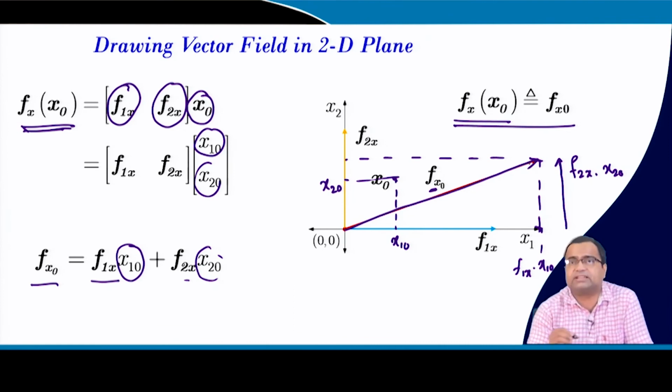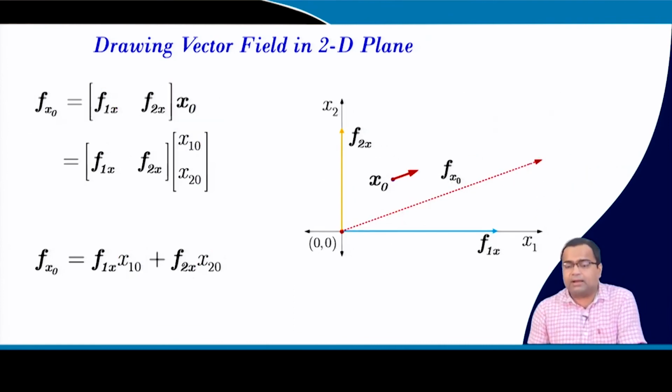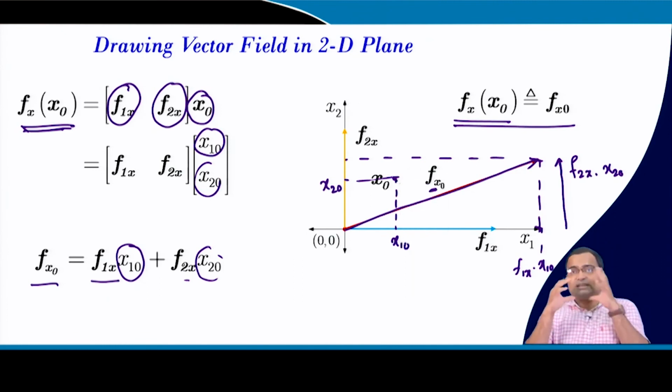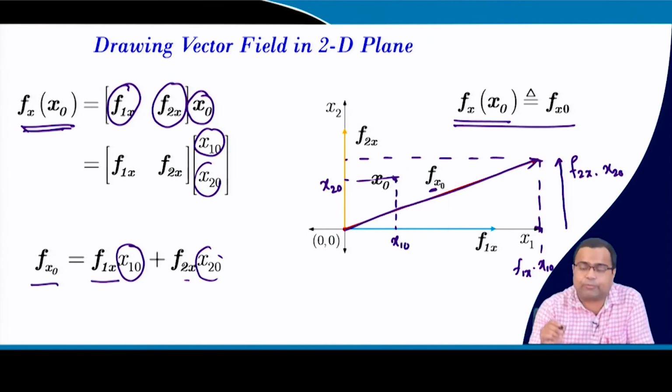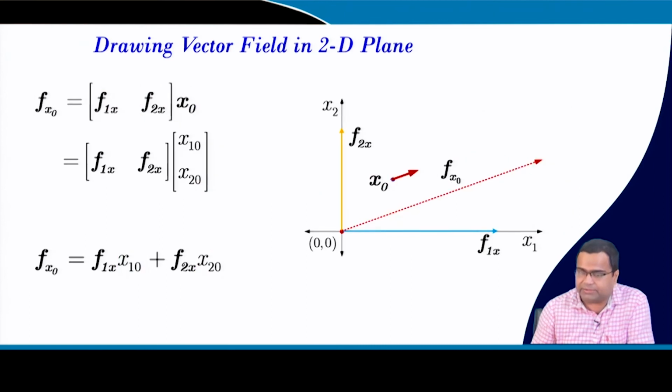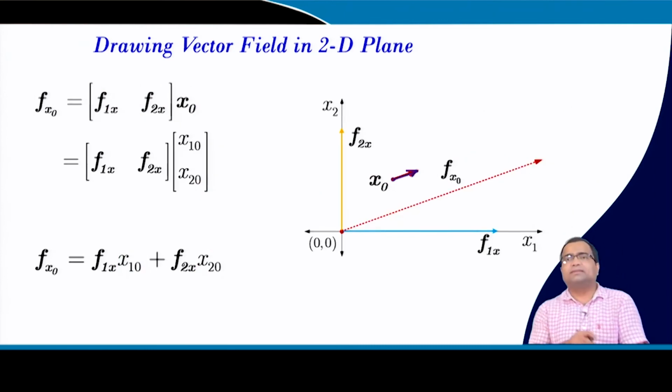That means this is the direction of the vector. But remember, we need to draw the vector field here because we wanted to find the direction of the vector field at this point. So ultimately we got the vector field direction. This vector field will be parallel to this. That means whatever we obtain is the parallel field, right? Because we first draw the vector and then, because it is a parallel vector, right? Because we want to find the vector field at this point.